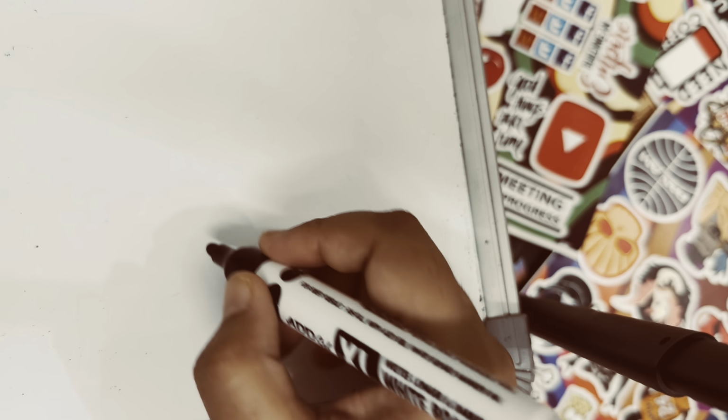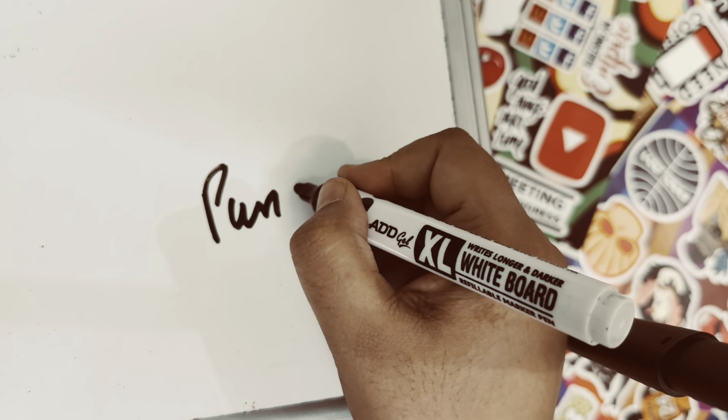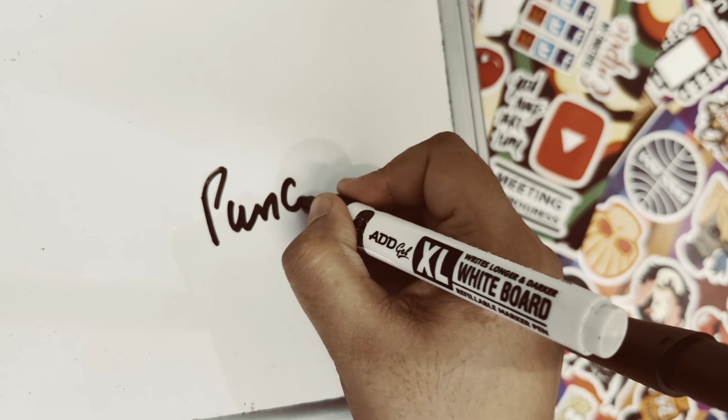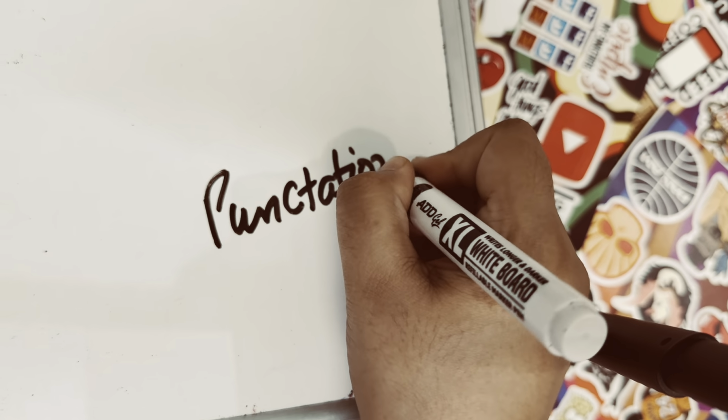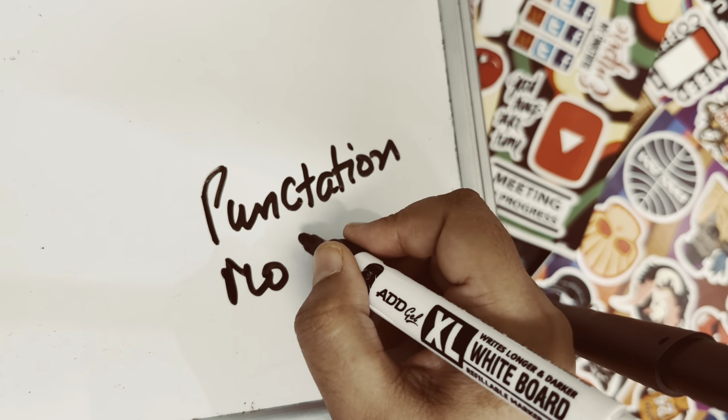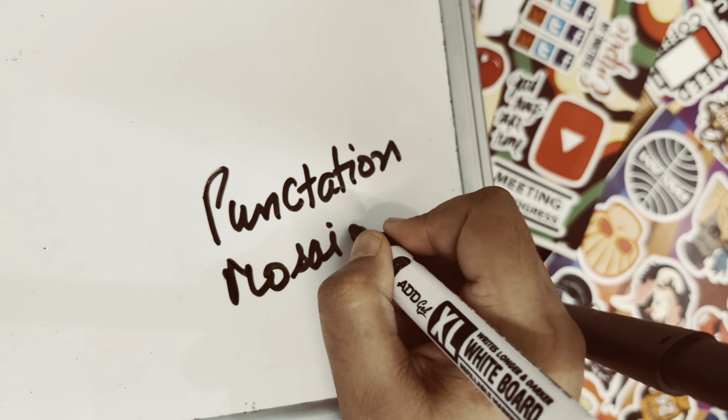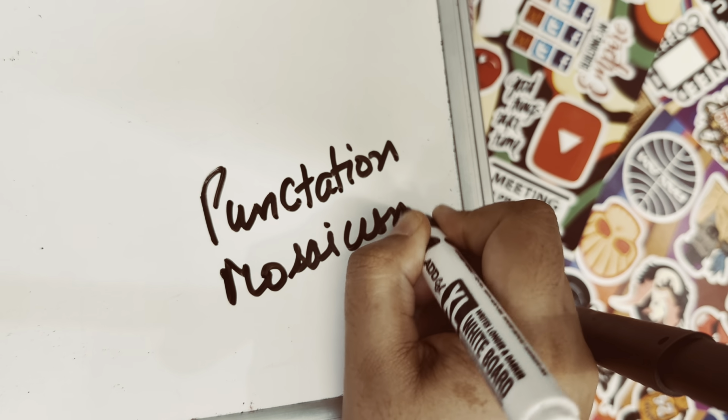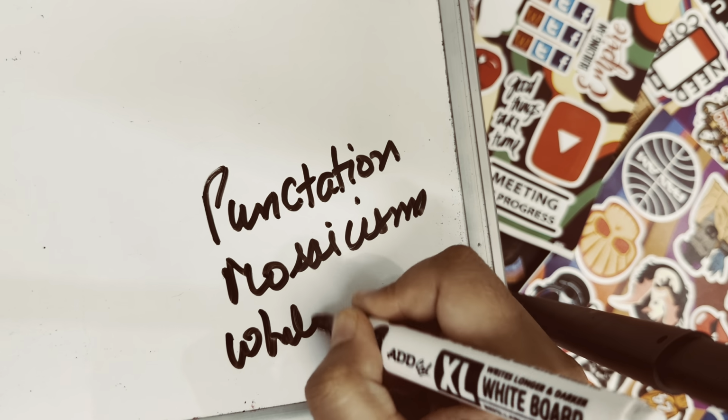So what we do, we put some diluted acetic acid onto the cervix to detect the areas of dysplasia. Whichever areas are abnormal appearing, we biopsy them only. These include punctation, mosaicism, white epithelium or abnormal vessels. Mosaicism means a mixture of two types of cells.